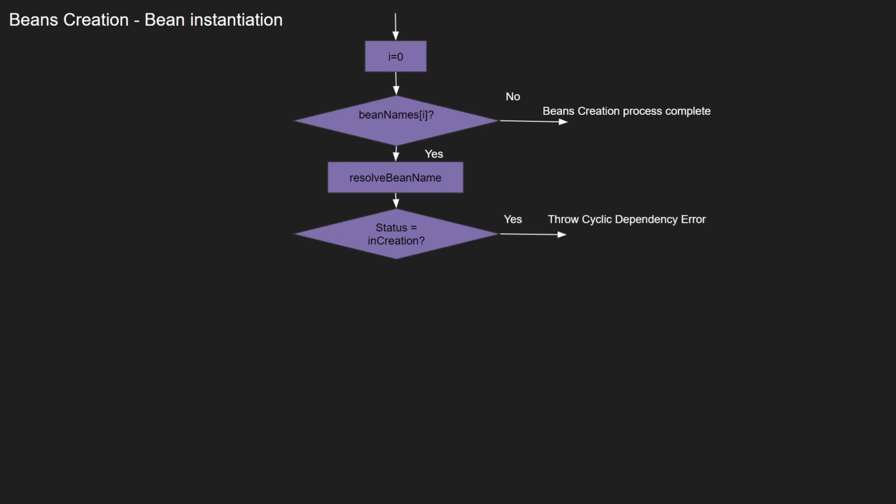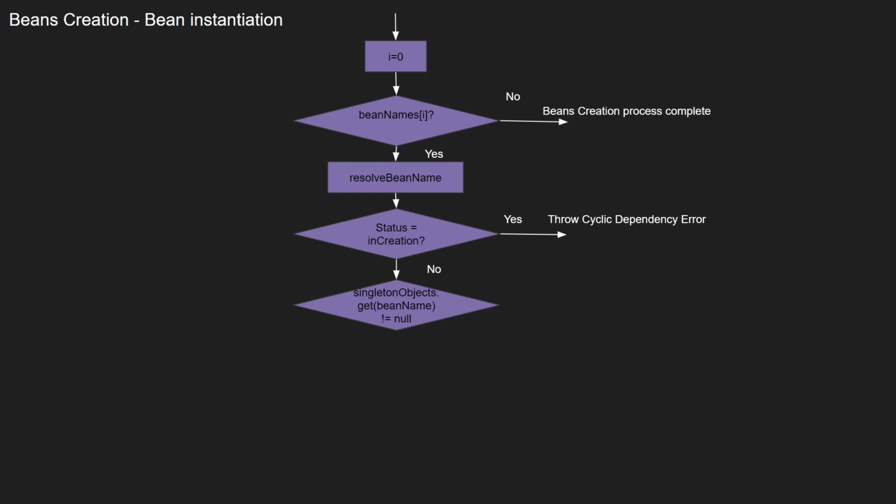If it is still in creation process, which means there was a cyclic dependency caused and it throws a cyclic dependency error. If the status of the bean creation is not in creation, it checks in a map with name singleton objects. This map contains the objects created for each of these bean names, and the process checks if there is a bean already created in this map, and if it is there, it will return this object. Remember, the whole process I'm explaining here is related to the singleton objects, and that's the reason singleton objects.get bean name is checked here.